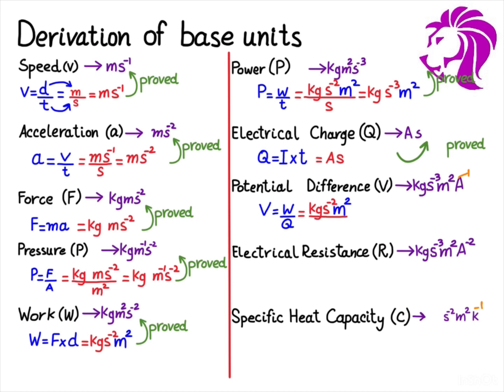What is the unit of charge? I just found it over here, it's ampere seconds. Now second goes in the denominator, so s^-2 and s^-1 make it s^-3. Ampere goes in the denominator, it becomes A^-1. So again it's proved.